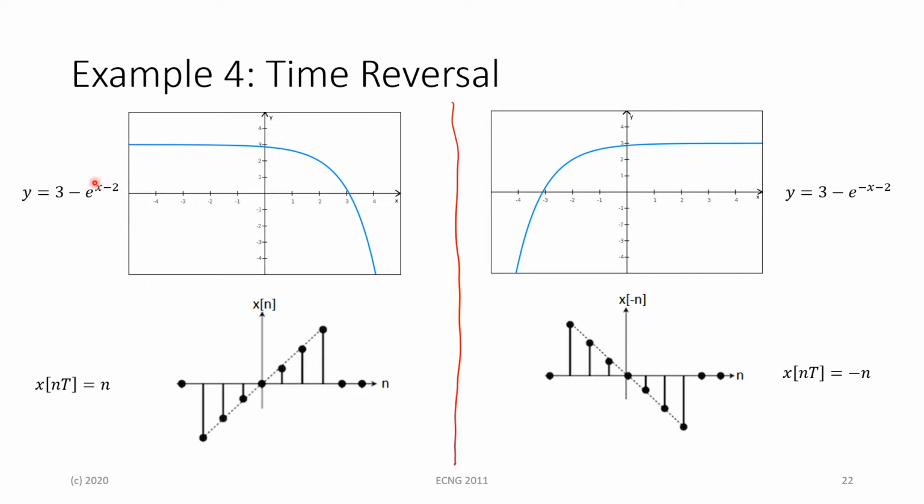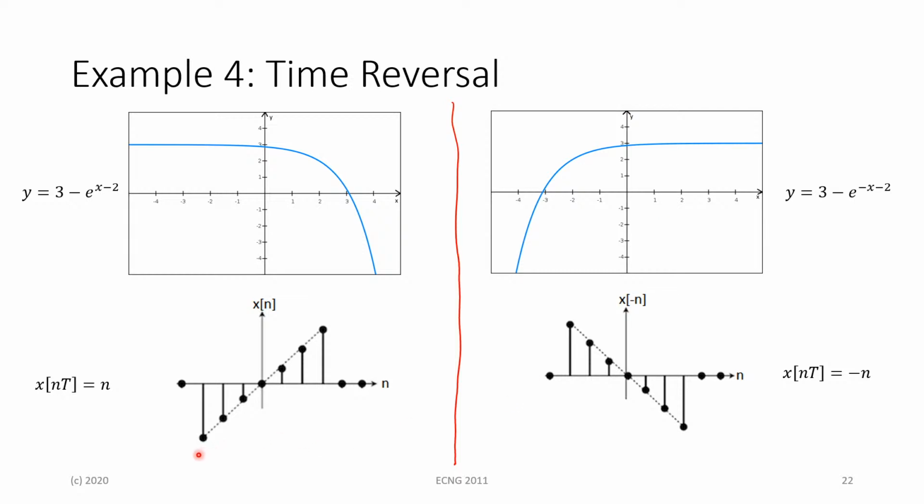But if we replace our x value here with minus x, we can see this is just a reflection according to this mirror line. So instead of it going this way, it's now a reflection, with this part of the signal now on the left hand side, and this part of the signal here on the right hand side.